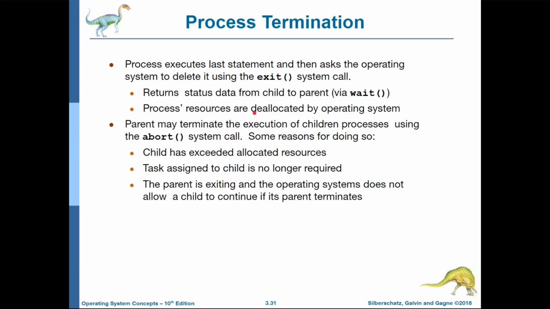A parent may terminate the execution of a child process using an abort system call. There are reasons why you might want to do this. We're not going to go through this right now, but this is a particular system call where a parent has control over the child.